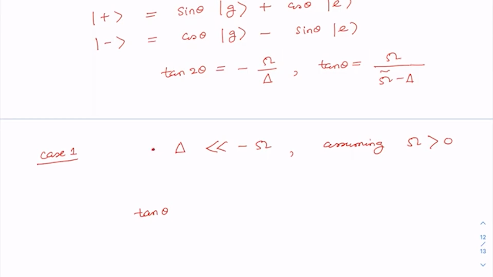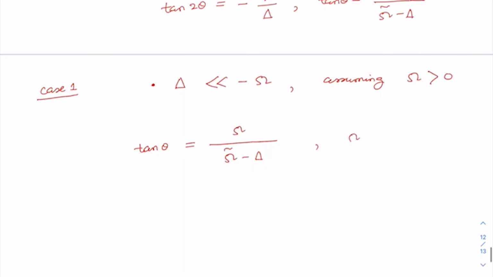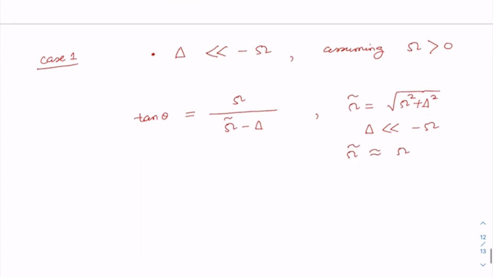If the detuning parameter delta is much less than minus omega, tan theta is equal to, as I already wrote, omega divided by omega tilde minus delta, and omega tilde is equal to the square root of omega square plus delta square, so I can write that omega tilde is nearly equal to the magnitude of delta.